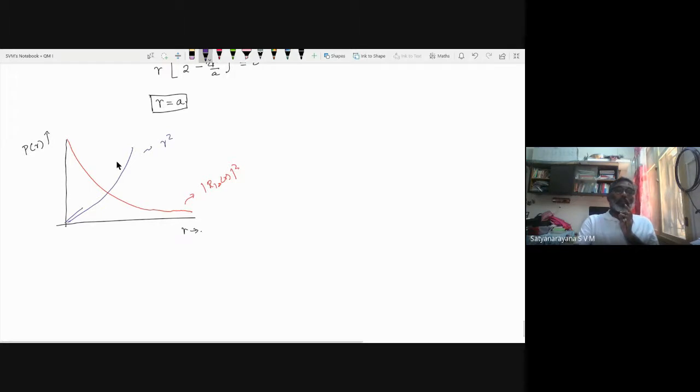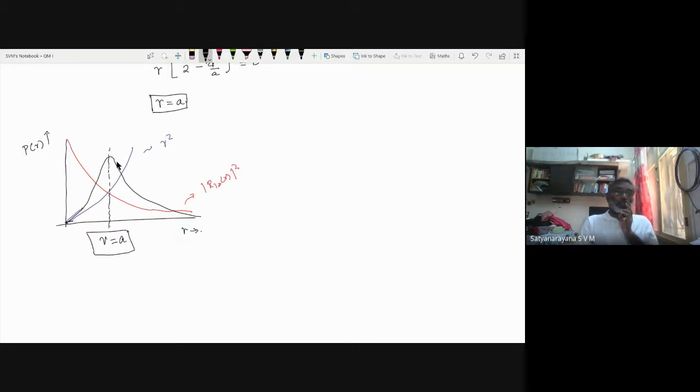Now when I multiply these two things, I will have something like this. And this maximum corresponds to where this is maximized.